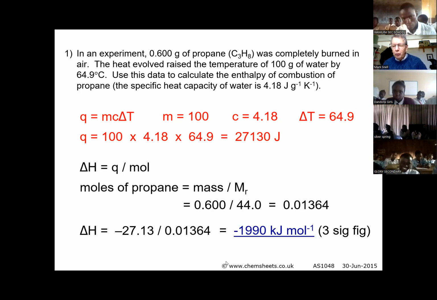So you might have come out with a number 1,990,000 approximately. I came out with 1,989,401. That's what I got. And it's negative because it's burning.